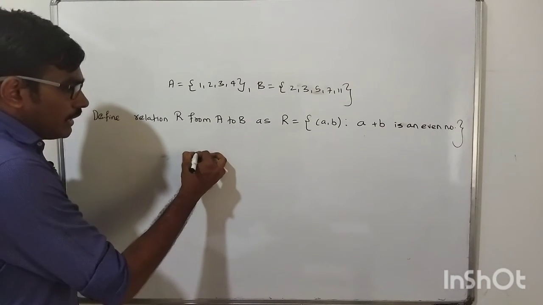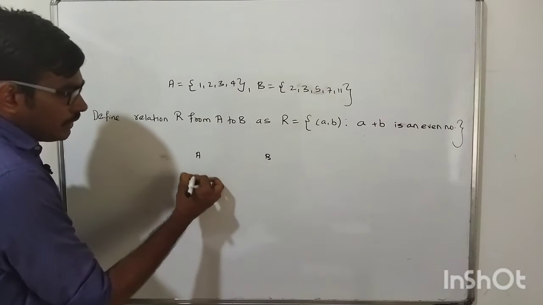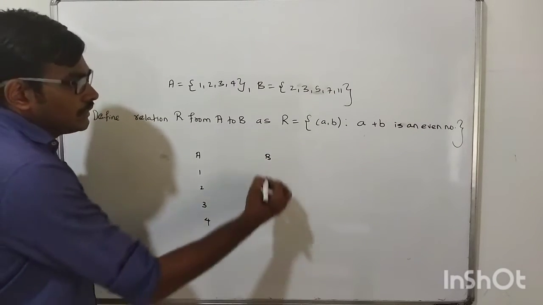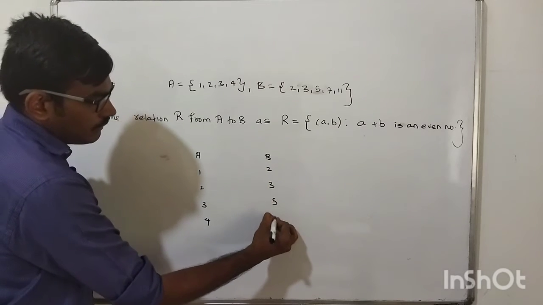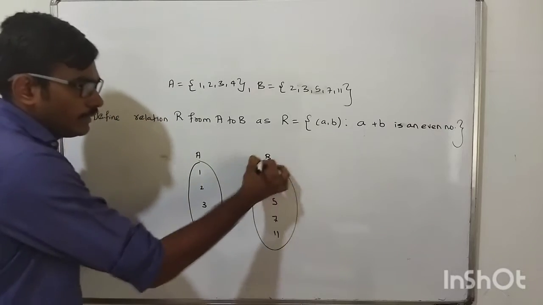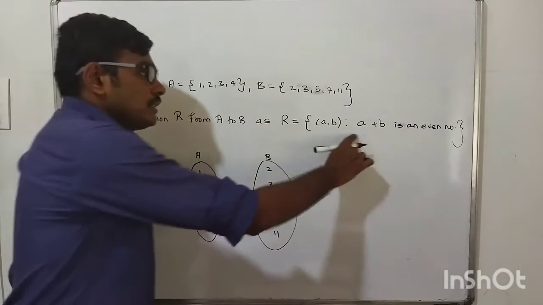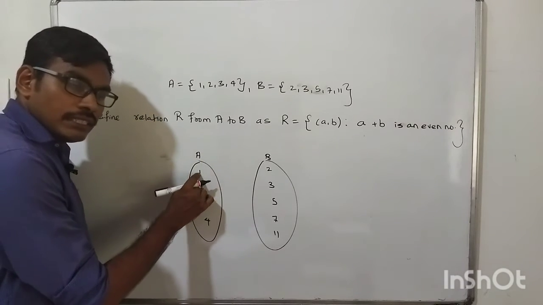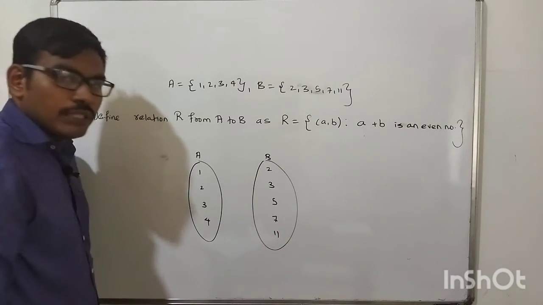In an arrow diagram, how do we write it? We write A here and B here, the elements of A, 1, 2, 3, 4, and the elements of B, 2, 3, 5, 7, 11. Now a plus b is an even number means if we add an element of A and an element of B, we should get an even number.